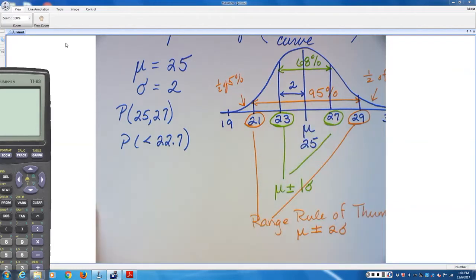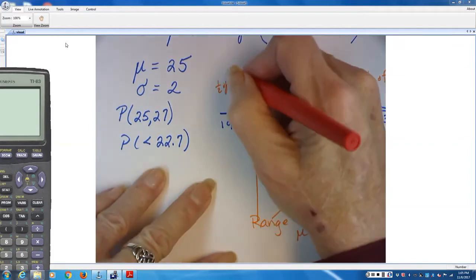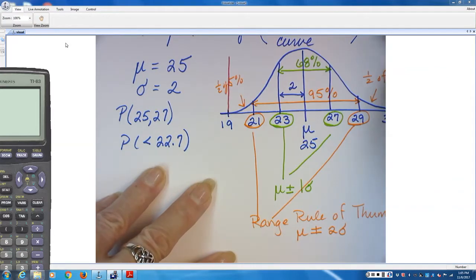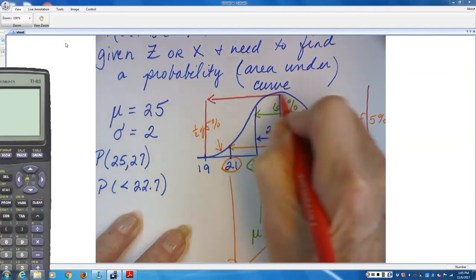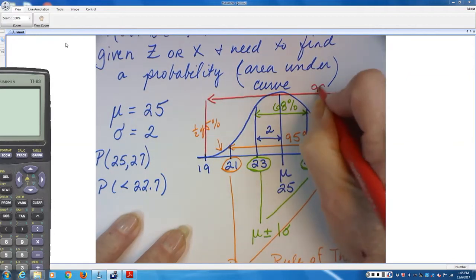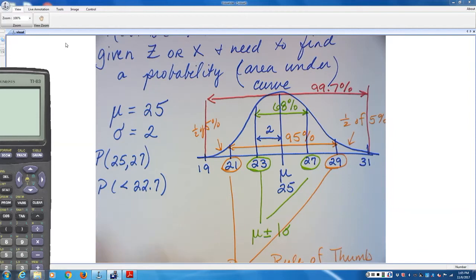That's that 95% rule. And then the last one says that virtually all pizza delivery times (99.7% of them) should be between 19 and 31 minutes. So if you had a delivery time less than 19 or more than 31 minutes, that would be almost impossible. It shouldn't happen under normal circumstances. Okay?